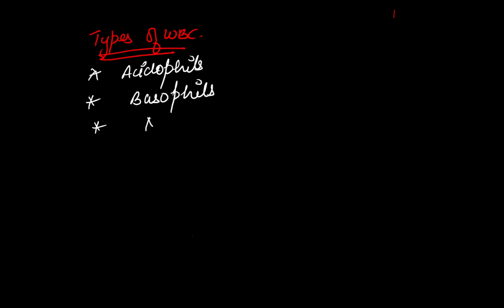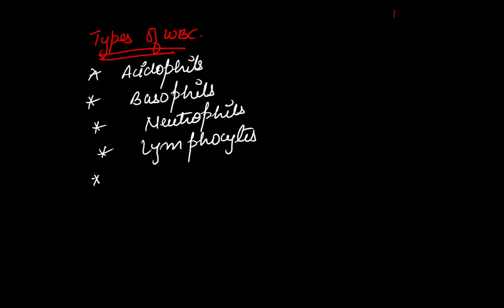So different types, such as the acidophils, basophils, neutrophils. Clear? Lymphocytes and macrophages or monocytes. Okay, these are different types of WBCs.